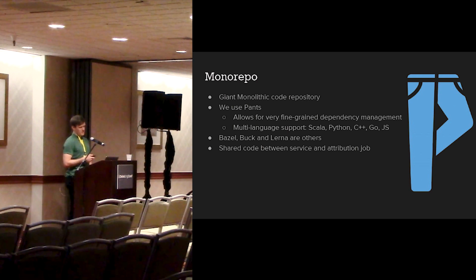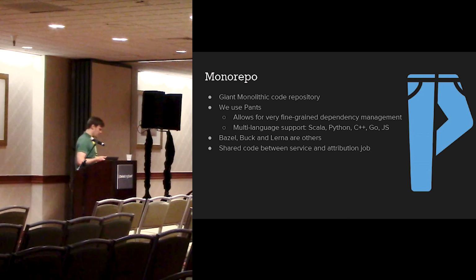It gives us very fine-grained dependency management and pretty fast builds for specific services and tools. It provides multi-language support for Scala, Java, Python, C++, Go, JavaScript. Some other examples out there are Bazel, Buck, Lerna, and some other ones.